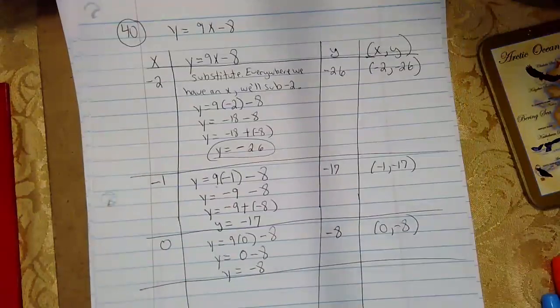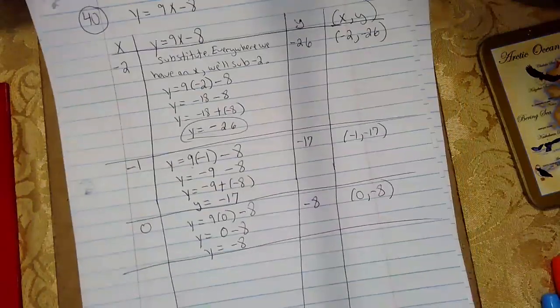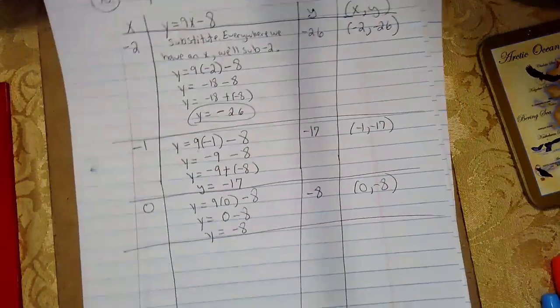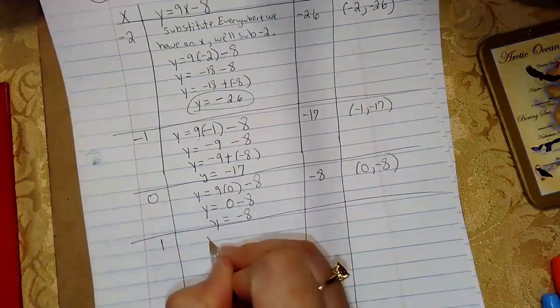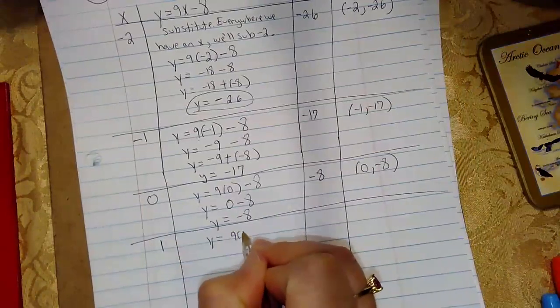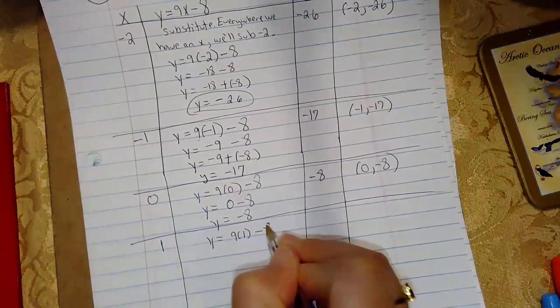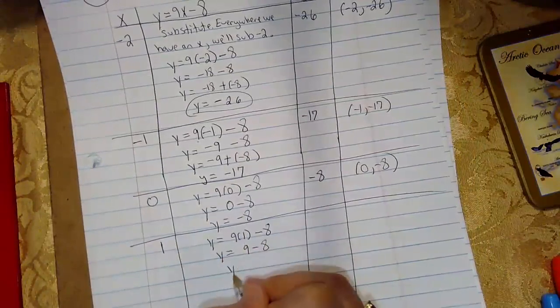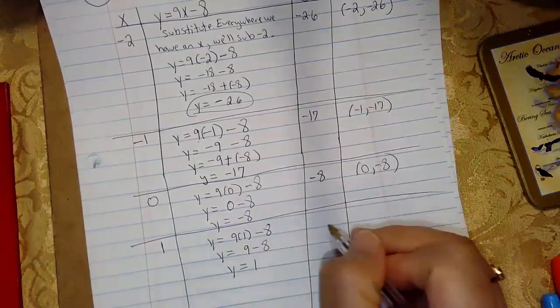So that's the ordered pair 0, -8. Then I have, let x be 1. Y equals 9 times 1 minus 8. So 9 times 1 is 9, minus 8, and 9 minus 8 is 1.